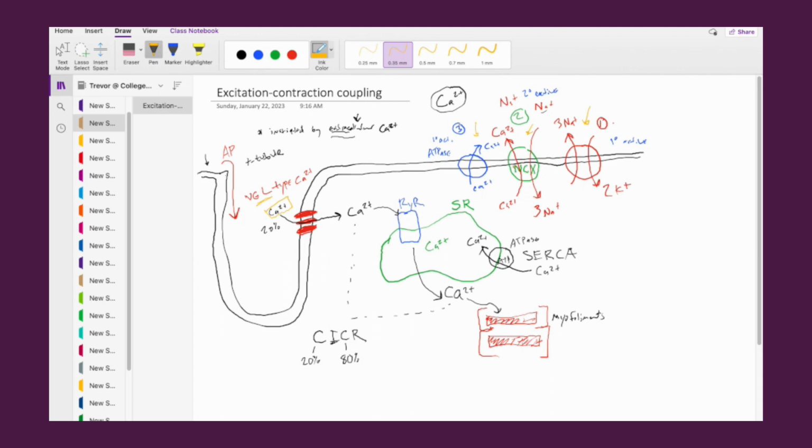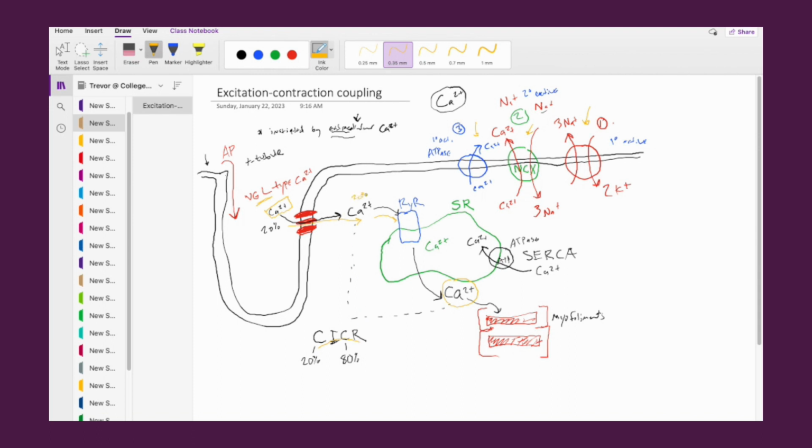That allows for a calcium concentration gradient. Calcium wants to move into the cell. When it does, it binds to the ryanodine receptor. Binding of the ryanodine receptor causes more calcium release from the sarcoplasmic reticulum. Okay? This is calcium-induced calcium release.